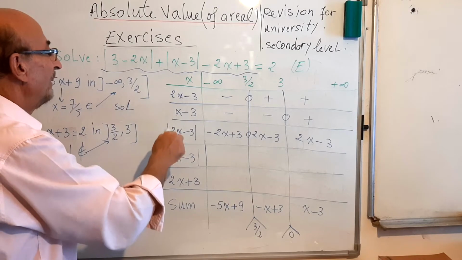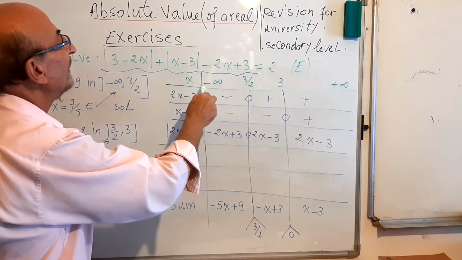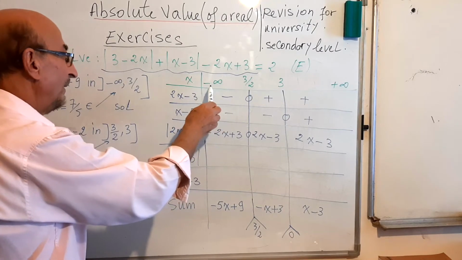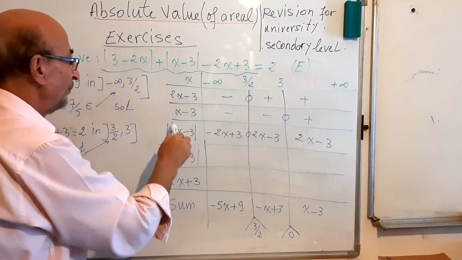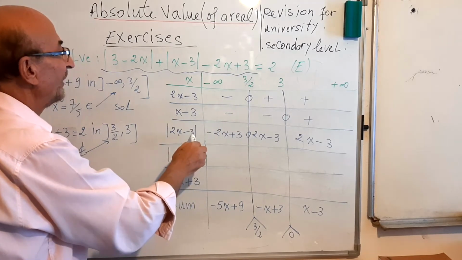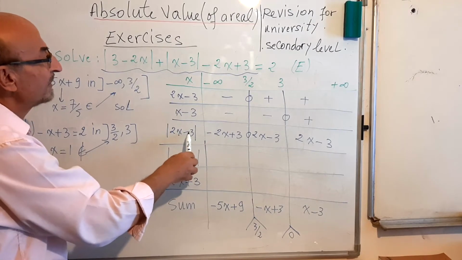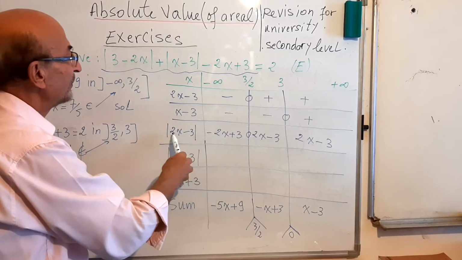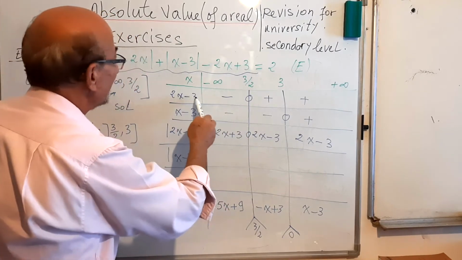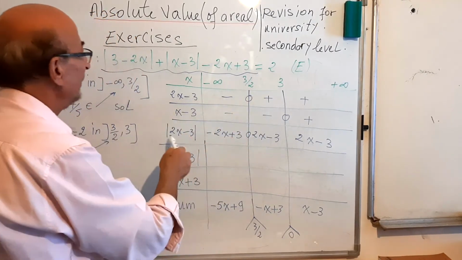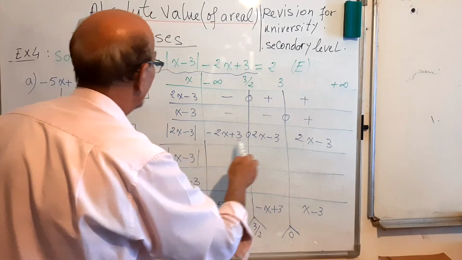So the absolute value of 2x minus 3, if 2x minus 3 is negative, is equal to the opposite, minus 2x plus 3. If 2x minus 3 is positive, the absolute value equals 2x minus 3.